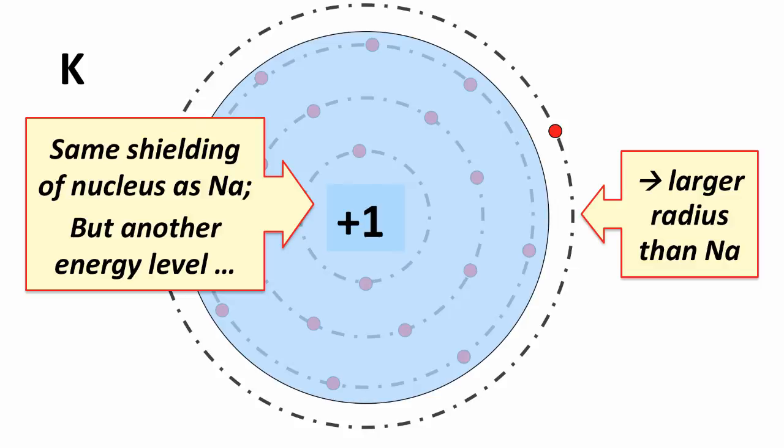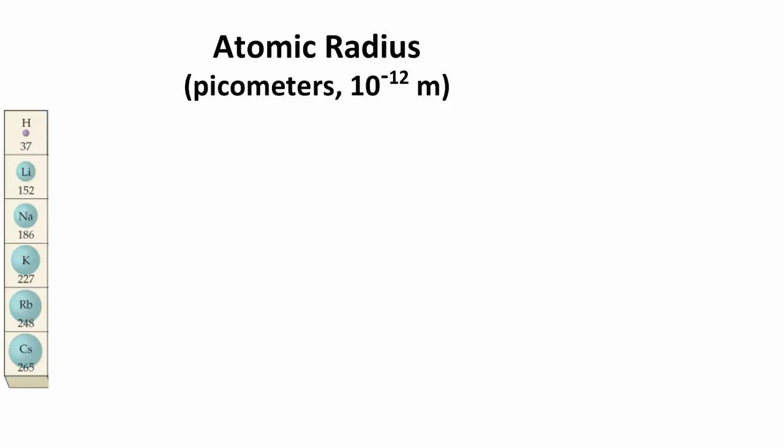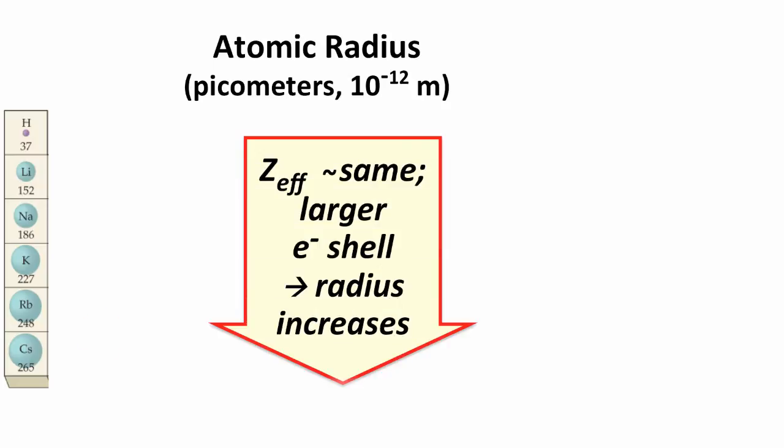And then, of course, this same argument would continue if we went to the next element in that column, even farther out energy level, more shielding. If we went to a smaller or higher in the periodic table element like lithium, then we have similar shielding but 1 less shell. And so the general trend going down a column is to get increasingly large atoms because we go to more and more energy levels.